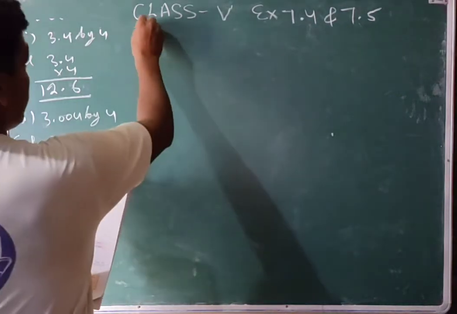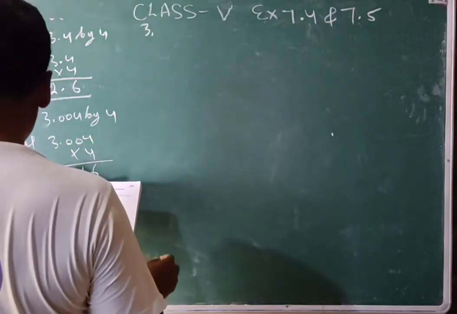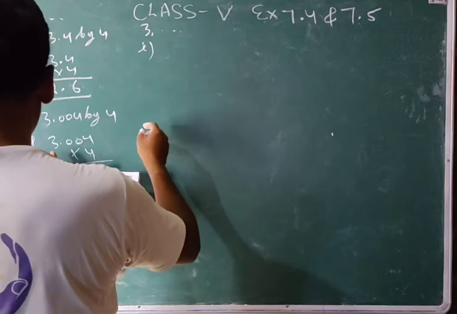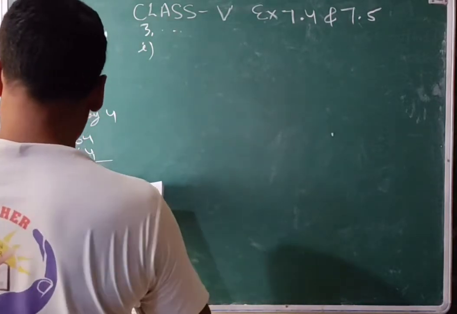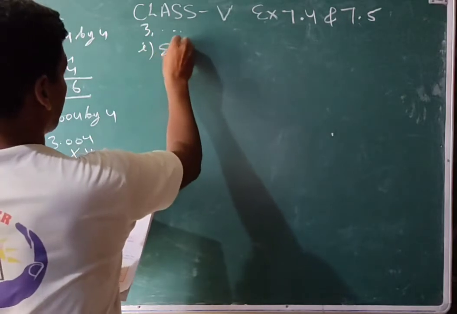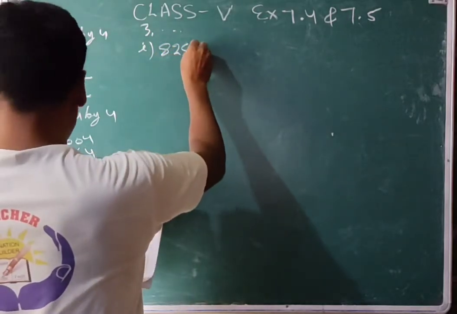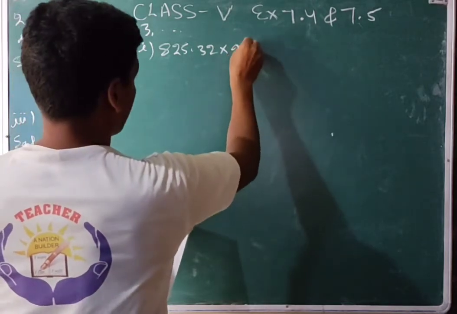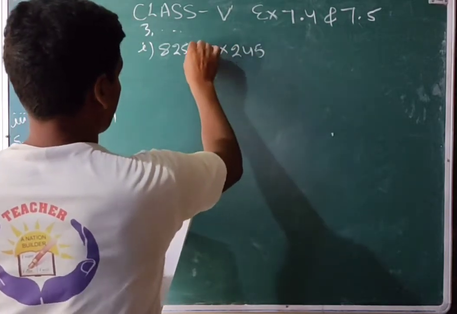Question number 3, that first part multiply. That first part is 825.32 multiply by 245.